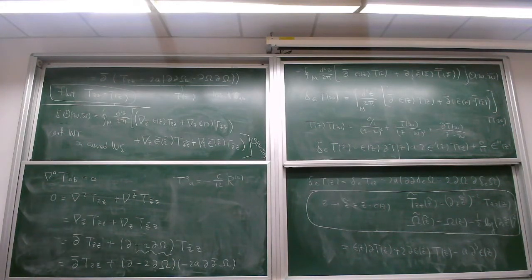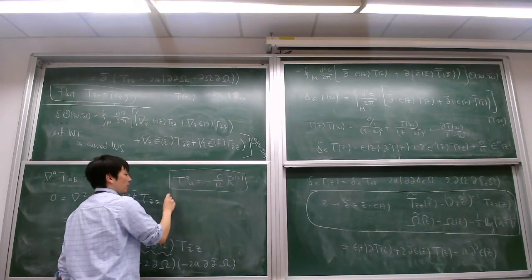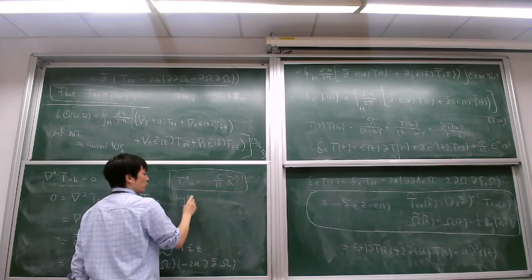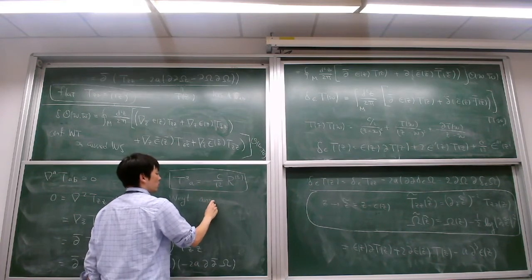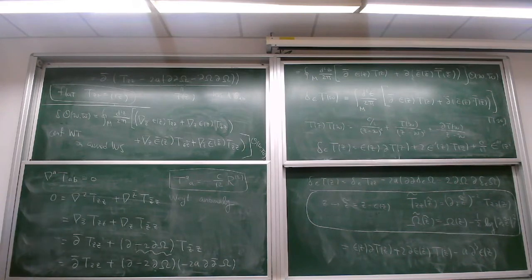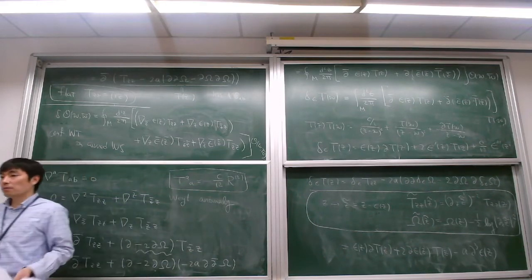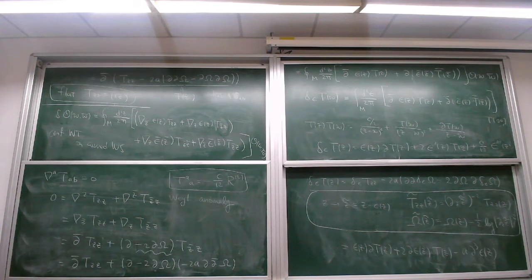So in a curved background, there's a Weyl anomaly which is proportional to the central charge. Therefore, in order to avoid the Weyl anomaly, the total central charge has to be 0.